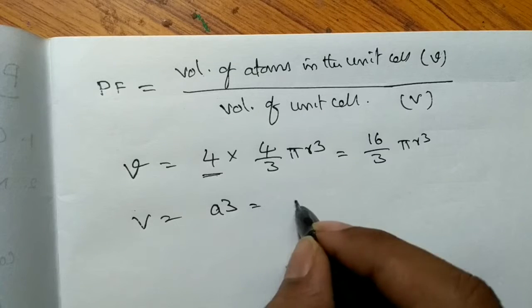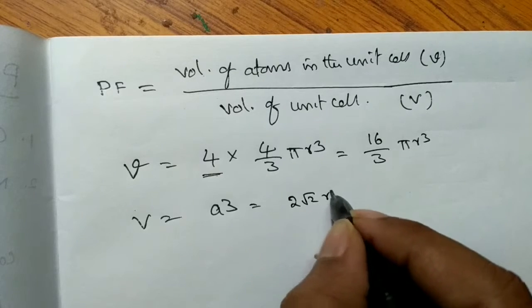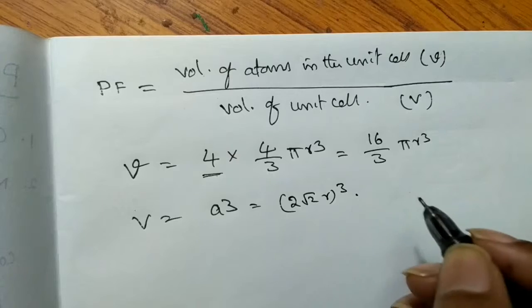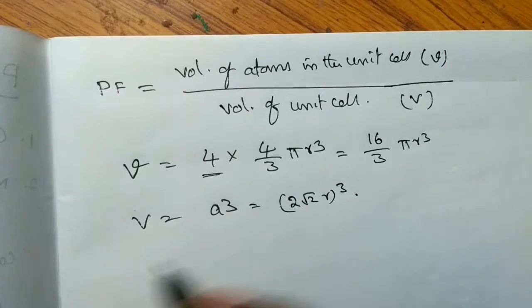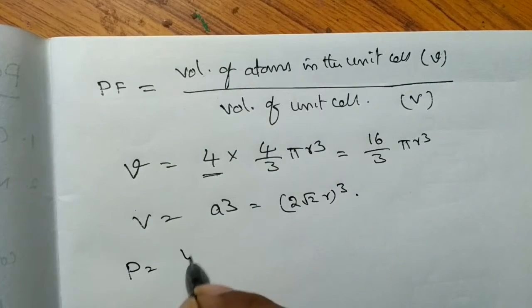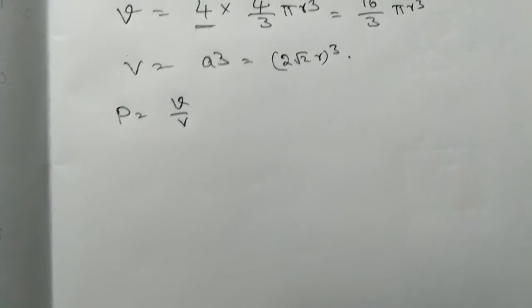We know A is 2 root 2 into R. So let us substitute P is equal to v by V and calculate.